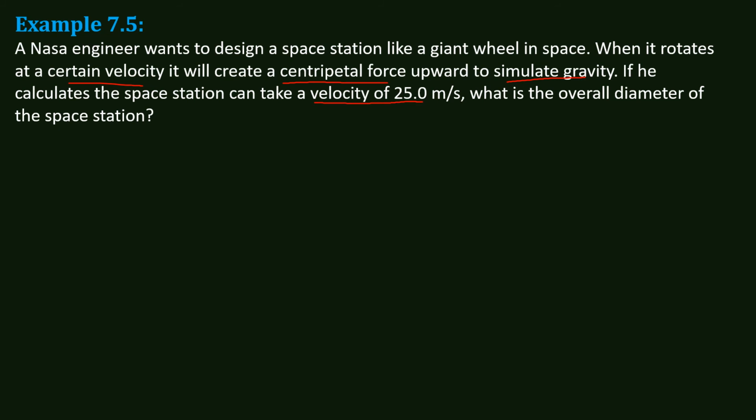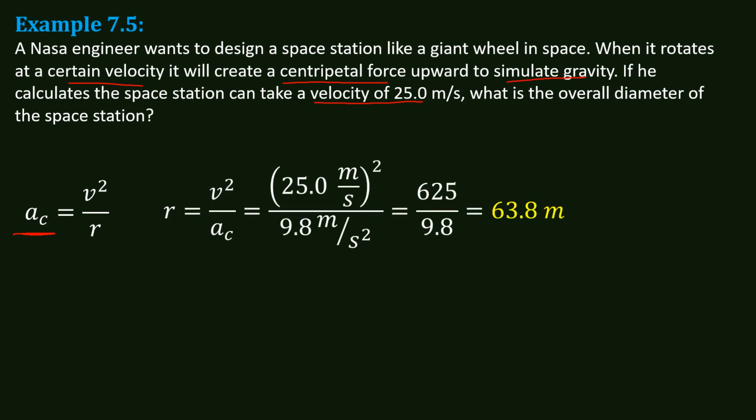So basically, we can use the centripetal acceleration equation, because we know what we're looking for. We're looking for G, 9.8 meters per second squared, to simulate gravity in the space station. Okay, so if that's the case, then we can take this equation right here and solve for R. And that's what we did right here.